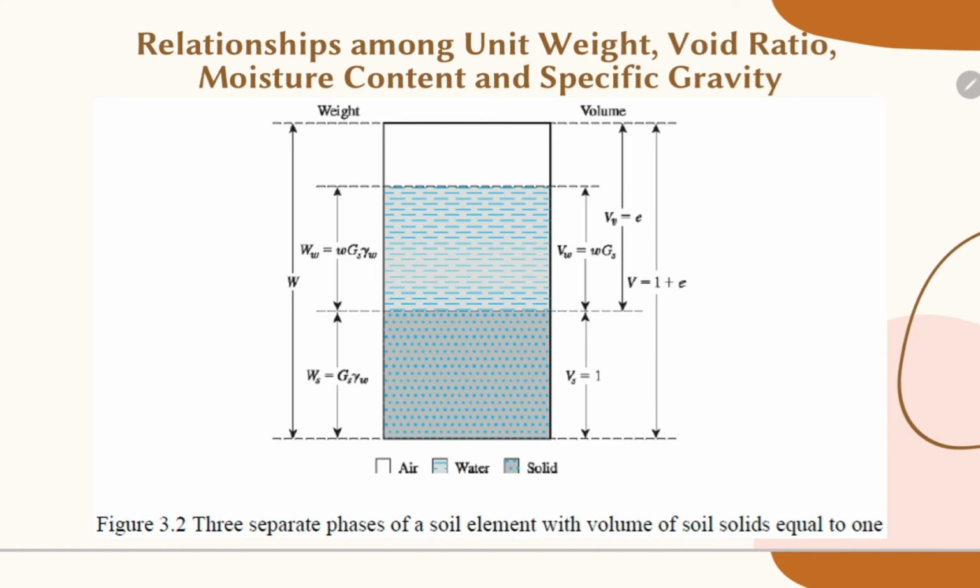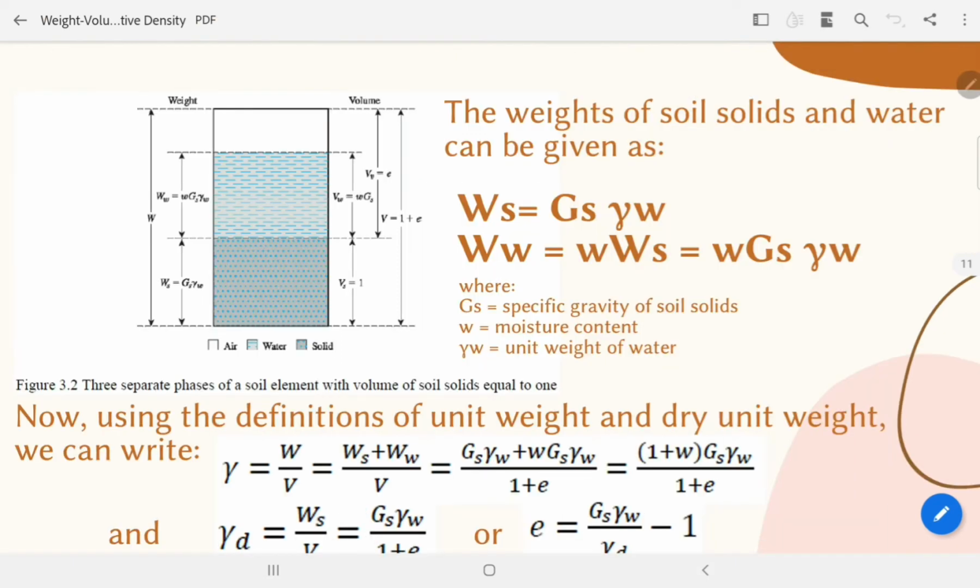We defined the volume of water as omega GS, or the water content times the specific gravity of the soil solid. And then we define the weight of the water as omega GS gamma water. Now, if the volume of the soil solids is equal to 1, then the volume of voids is numerically equal to void ratio, as you can see here.